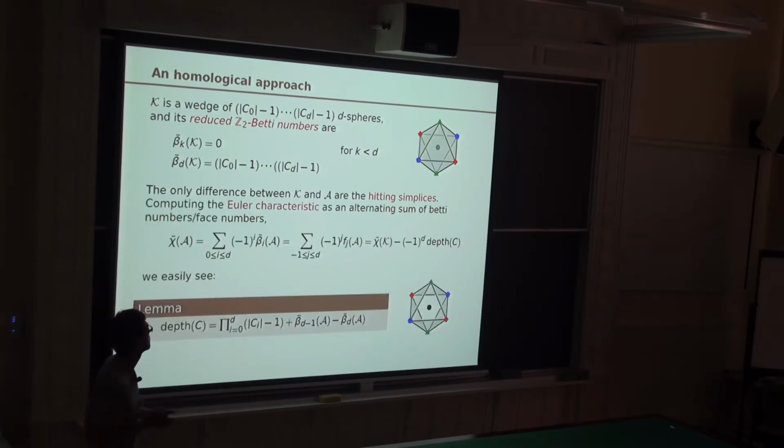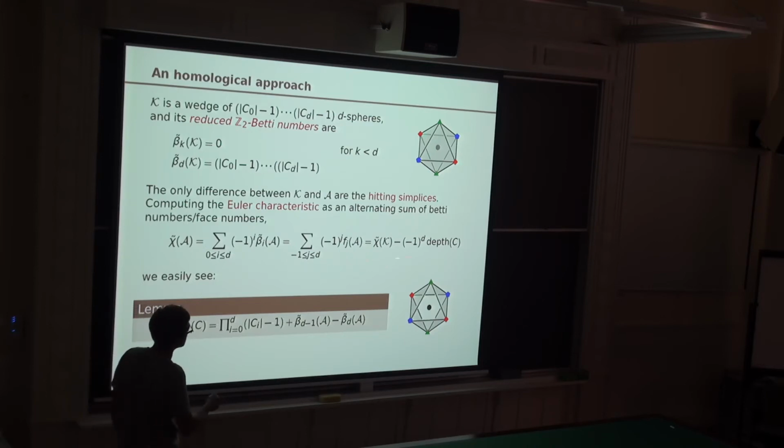So that's the only difference between these two complexes. So what I'll do is compute the Euler characteristic first as an alternating sum of faces, and then as an alternating sum of Betti numbers. If I do faces, between the avoiding complex and the complete thing, the only difference are the hitting simplices. And the hitting simplices, by definition, is the depth, which is the number I'm interested in. So this gives you this part of the equation.